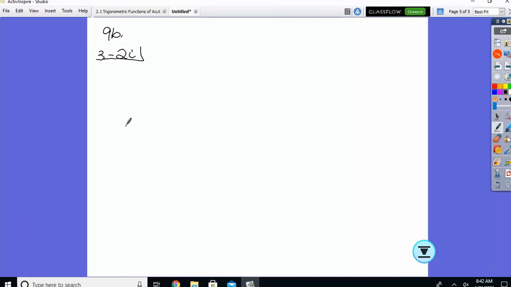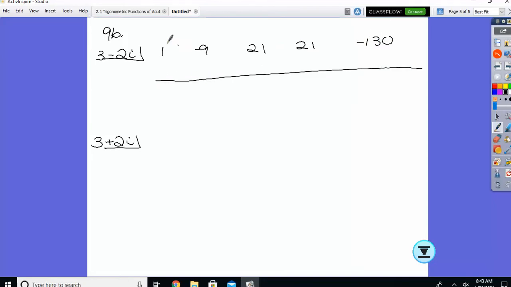So I'm going to do synthetic once with 3 minus 2i and then the second time with 3 plus 2i. Alright, so this one turns out a little bit uglier because the 0 has 2 terms in it. But it's the same process.